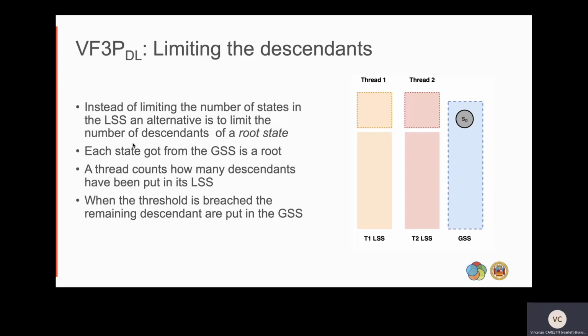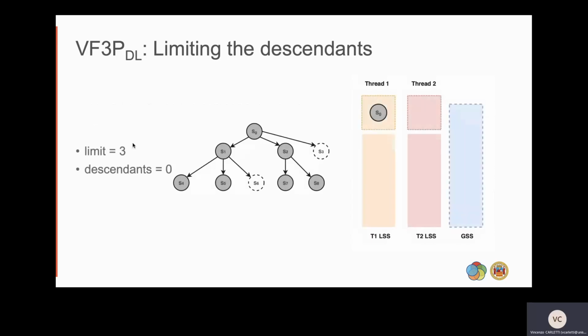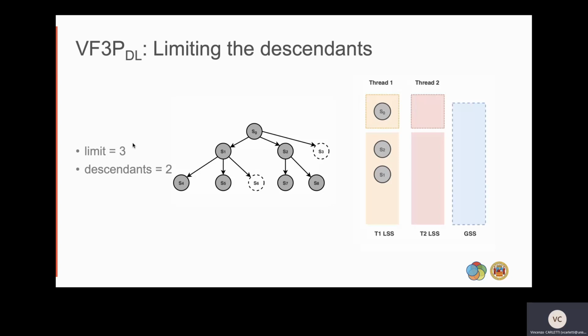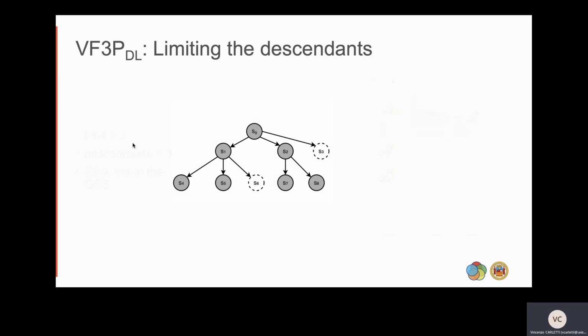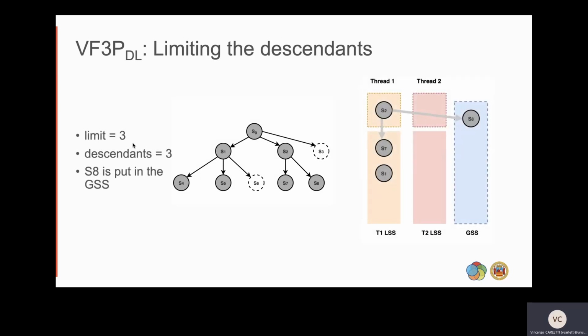When this limit is breached, we have to share the other states in the global state stack. In this example, we can limit to three descendants. So when we arrive at 3, the additional descendants are put, in this case S8, in the global state stack and shared with the other threads.